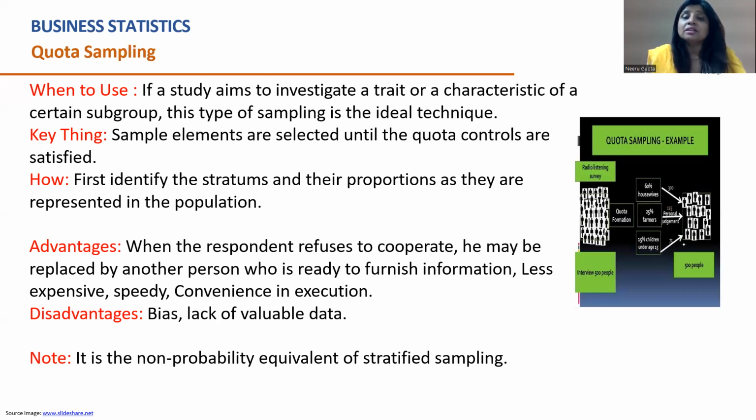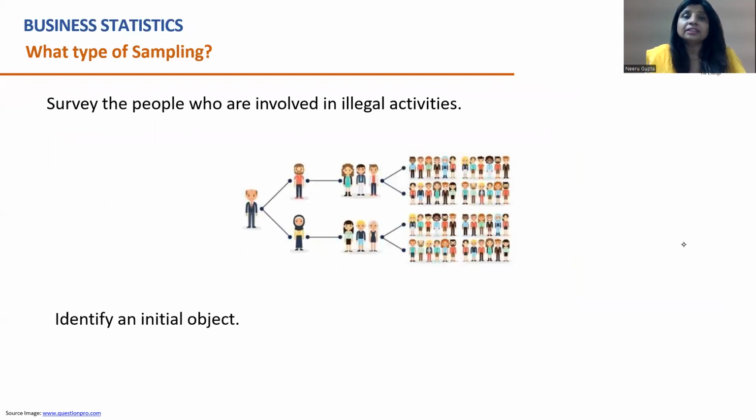Less expensive, speedy, convenient in execution. And what are the disadvantages? Bias, lack of valuable data. There is cluster sampling and stratified sampling, but those are probability sampling, and this is a non-probability sampling.